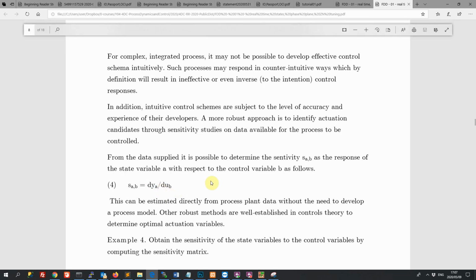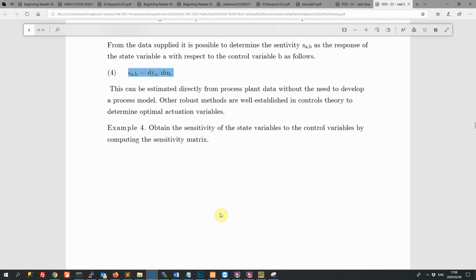So if you find, oh, that level changed a lot when I changed that liquid flow over there. So you can compute the sensitivity of each state variable to each control variable, and so establish then the strongest sensitivity pairings, and use that to determine your control approach.